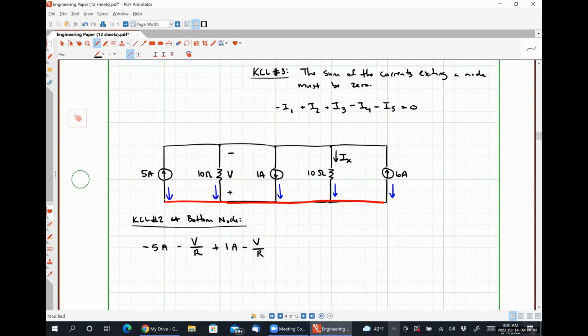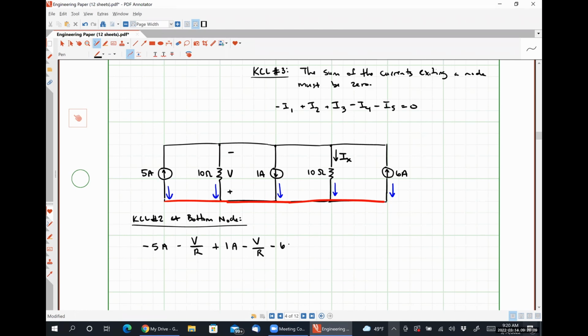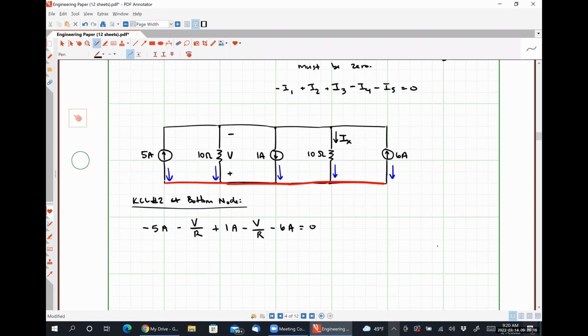Dustin, what do I do for the 6 amp source on the right? Negative 6 amps is equal to 0. So let's do some mathematical manipulation here.